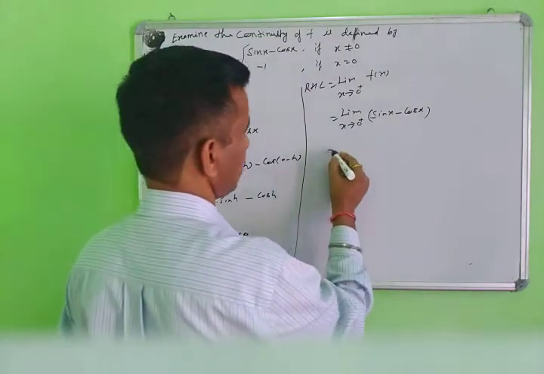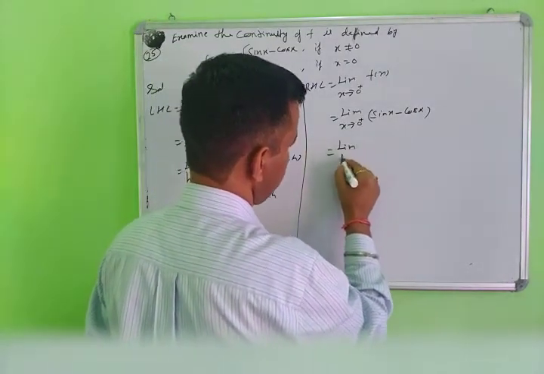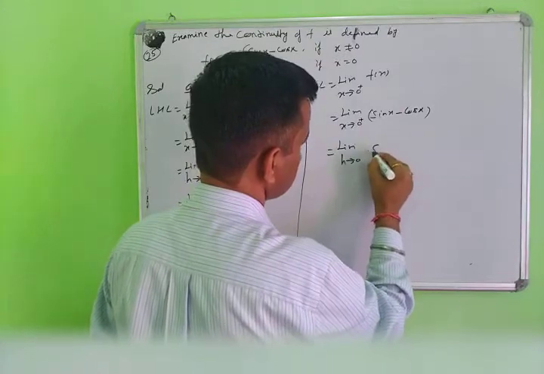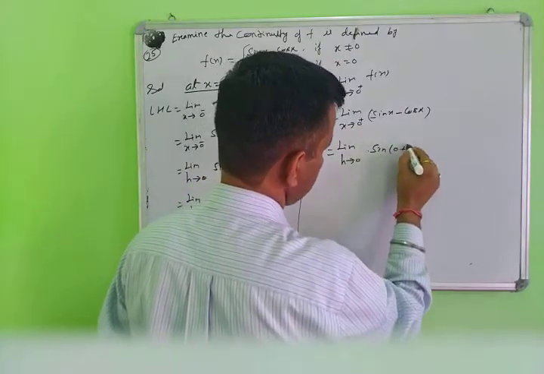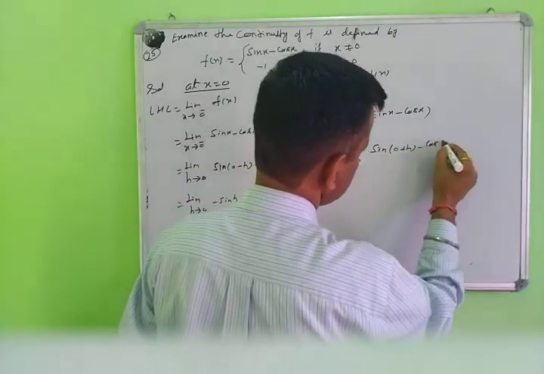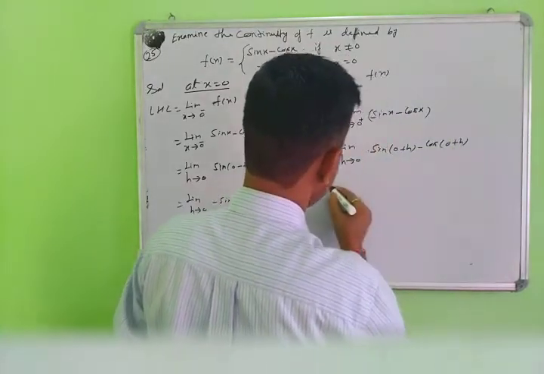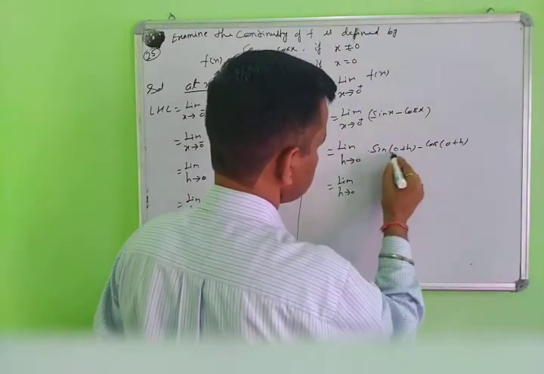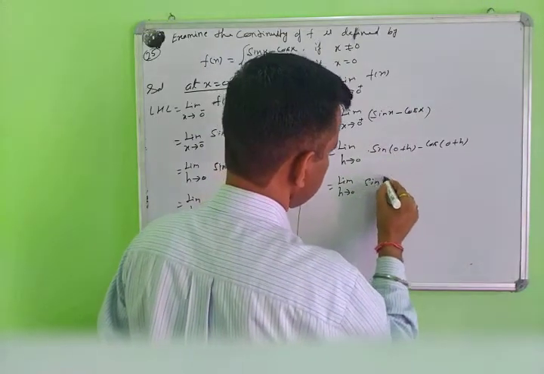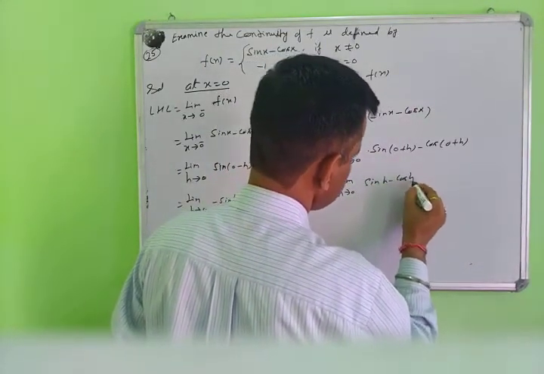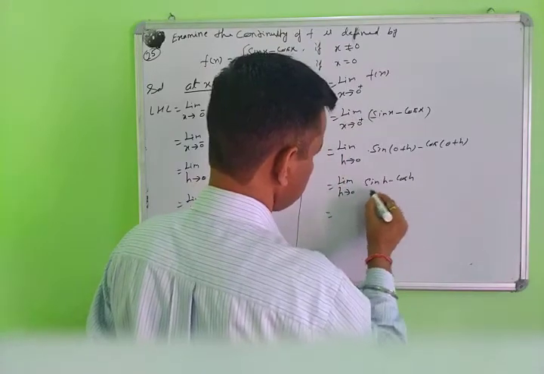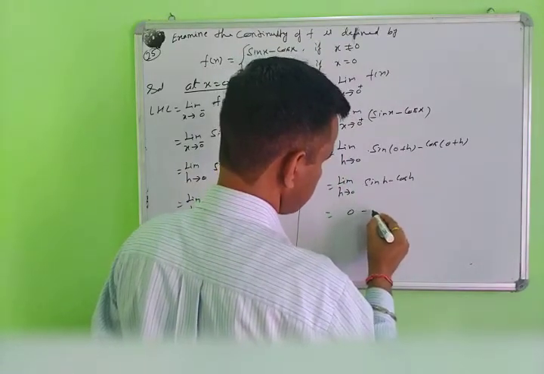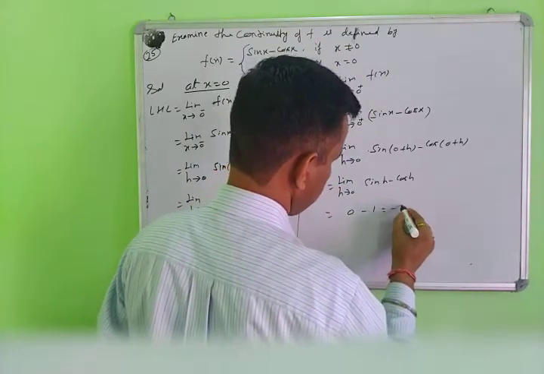Now the limit as h tends to 0 of sin(0 plus h) minus cos(0 plus h), which is the limit of sin h minus cos h. Using the limit, sin 0 is 0, cos 0 is 1. The answer is again minus 1.